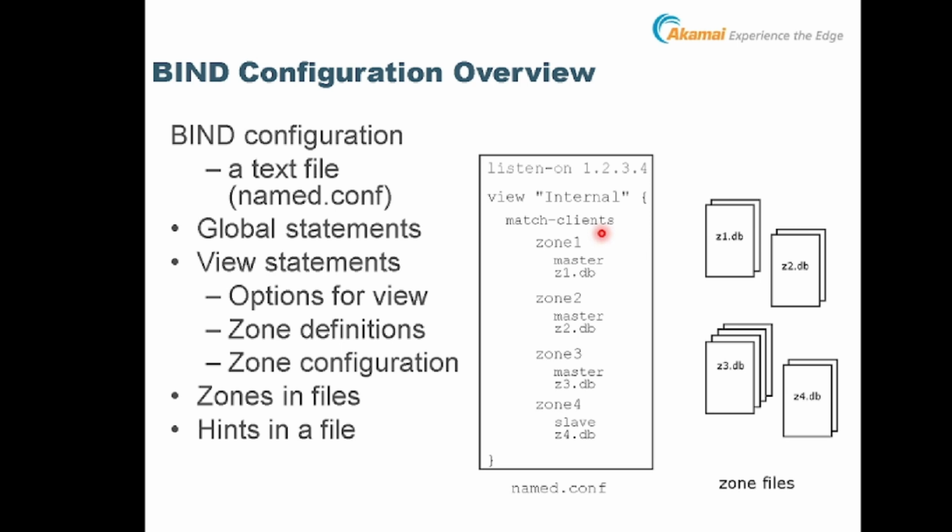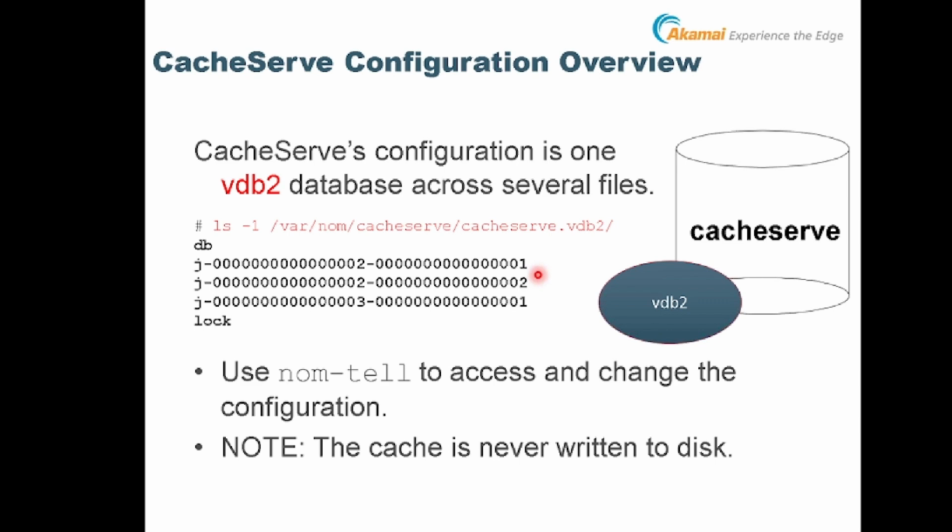So CachEserve, like AuthServe, does not have a main configuration file. It has instead a configuration database, which I mentioned a little while ago. It is the second generation of the VDB proprietary database architecture. This is a multi-threaded database.